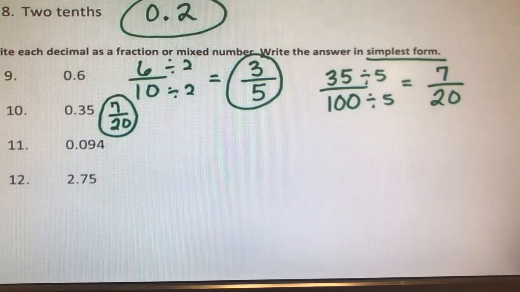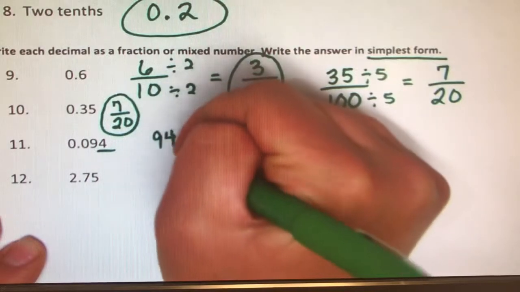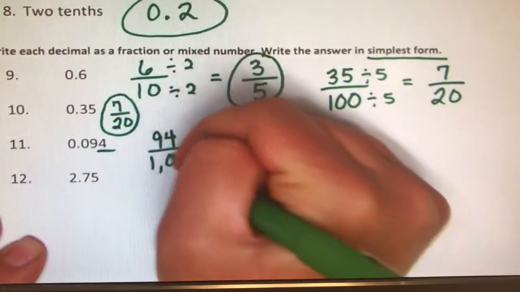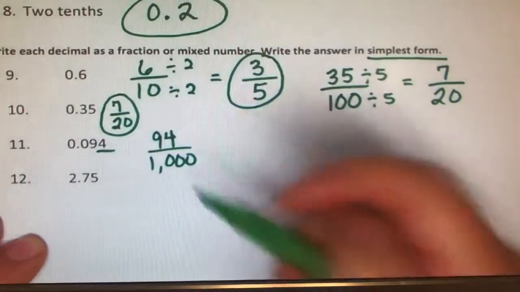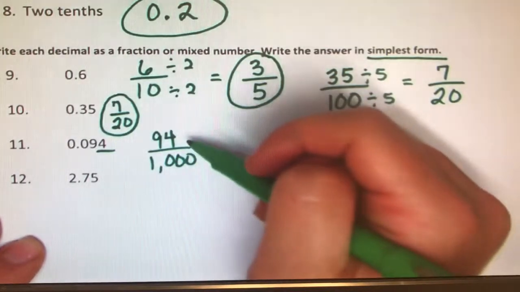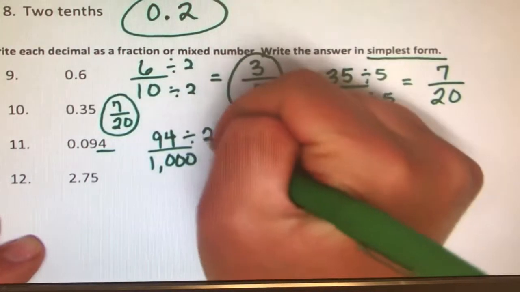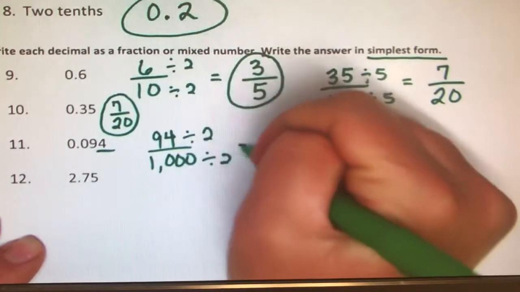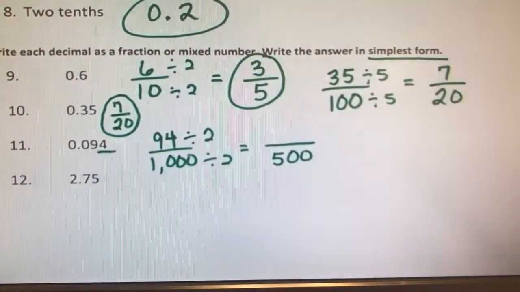Number 11, we would read that as 94 what? That's 94 thousandths because it ends in the thousandths place. So 94 over 1,000, which is the correct answer, but again, it's not in simplest form. I at least know they can be divided by 2 because they're both even. There's probably something bigger, but I can't think of that at the moment. 1,000 divided by 2 is 500, and what is 94 divided by 2?